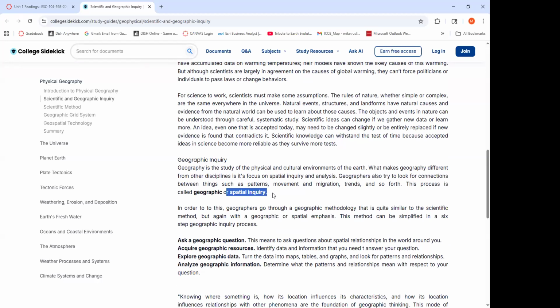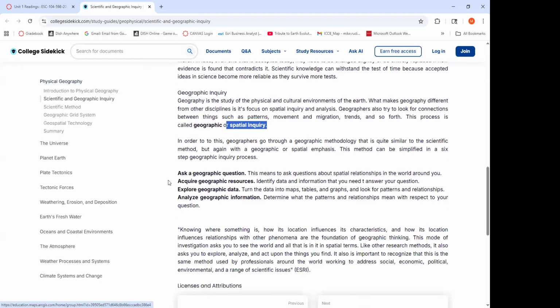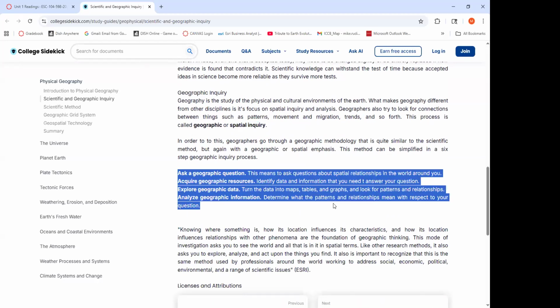And in particular for us, we're looking at geographic or spatial inquiry. I would really like for you to look at these specific types of questions that we go through in the scientific method. You could ask a geographic question: why is some farm ground and soil better than others to grow higher yield?